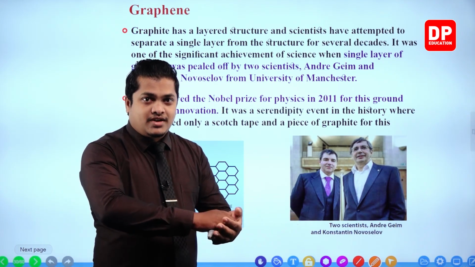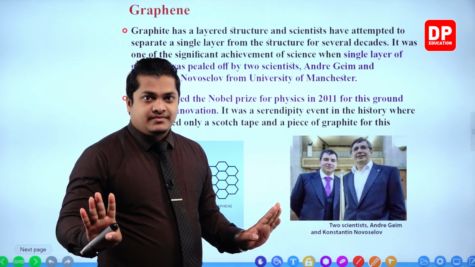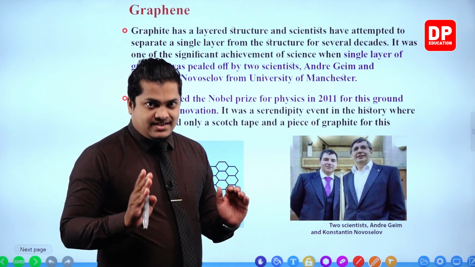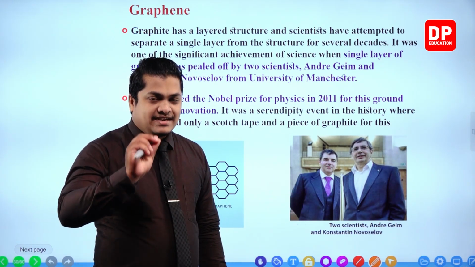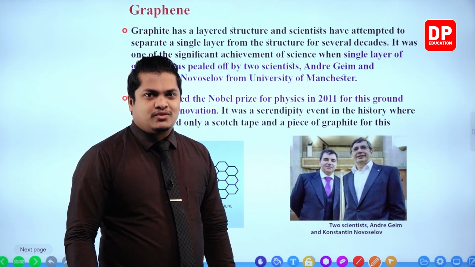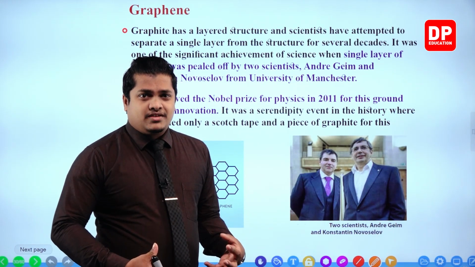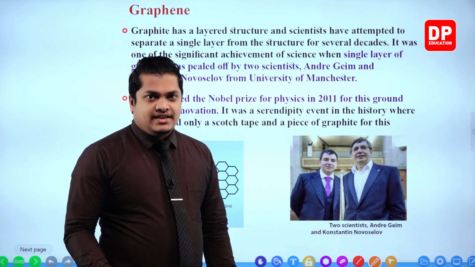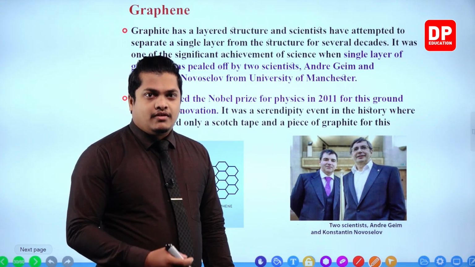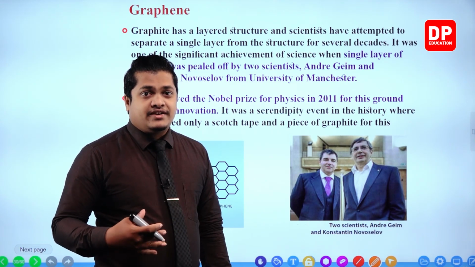You just grab the cello tape, paste it, drag it, that's it. That is how to remove a graphene layer. It's very simple. Scientists had tried several times using other, much harder methods to remove a graphene layer, but actually the solution was there all along, even though they were trying different advanced stuff.